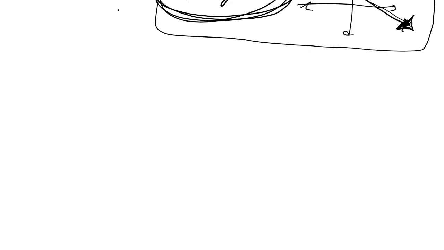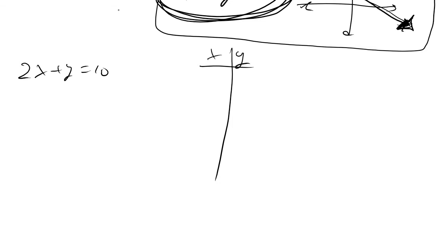I think 2x plus y equals 10. I would introduce the idea of putting the solution set into a chart, finding the list of the ordered pairs in a chart. So when x is 0, 0 plus y equals 10, y must equal 10.